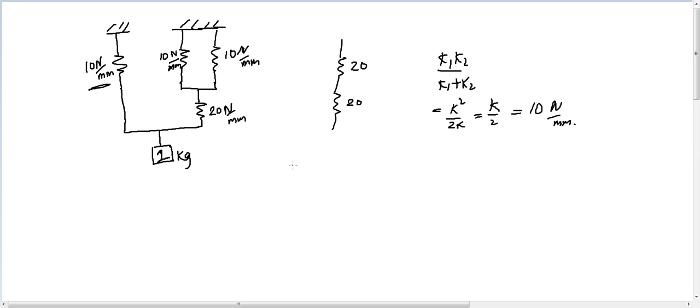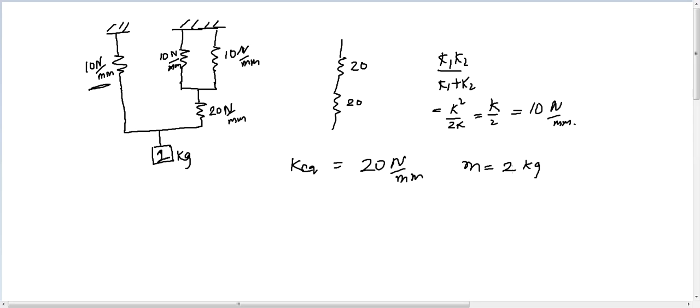So the equivalent stiffness K equivalent will become 10 plus 10, that is because these two are in parallel. So it is 20 newton per mm. This is the K and the mass is 2 kg.